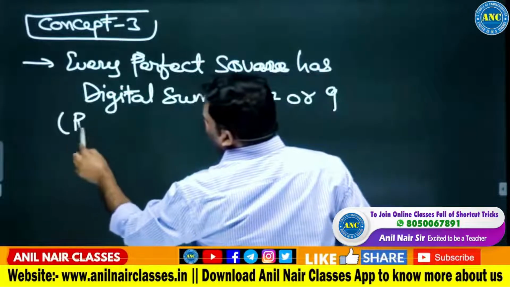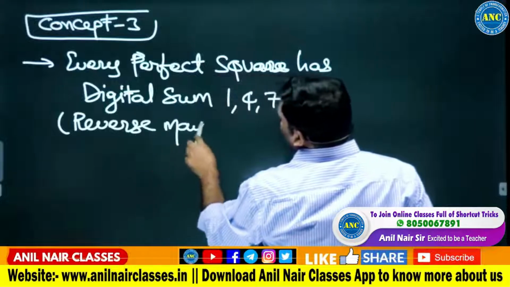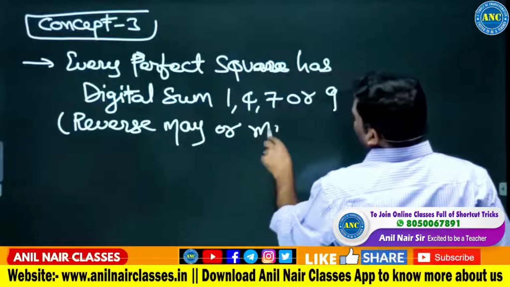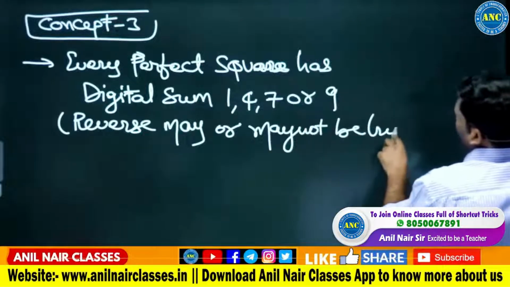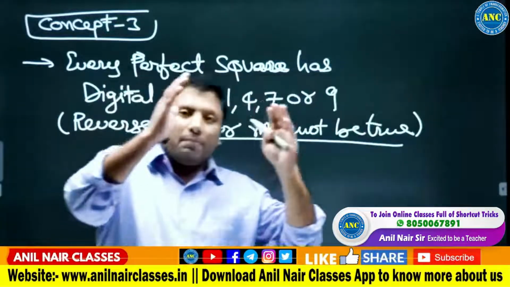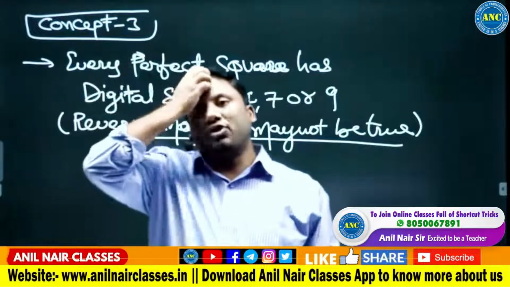The reverse may or may not be true. What do I mean by that? If the number is a perfect square, then it will have a digital sum of 1, 4, 7 or 9.